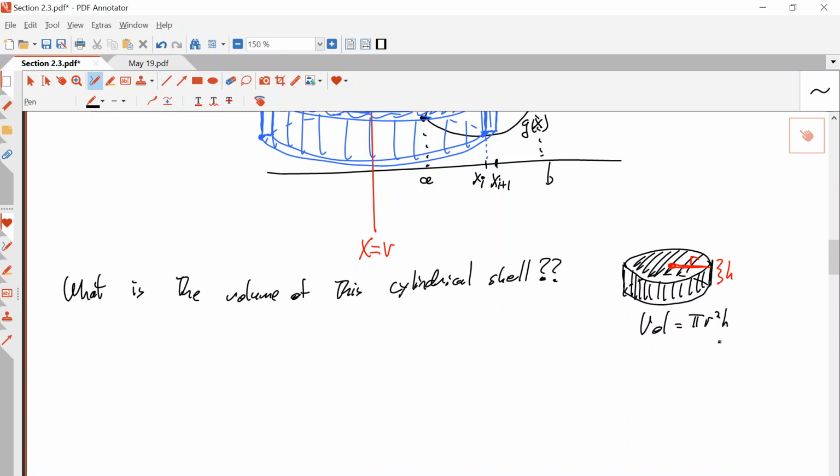Now if you've got a shell, it's a large cylinder minus a smaller cylinder.